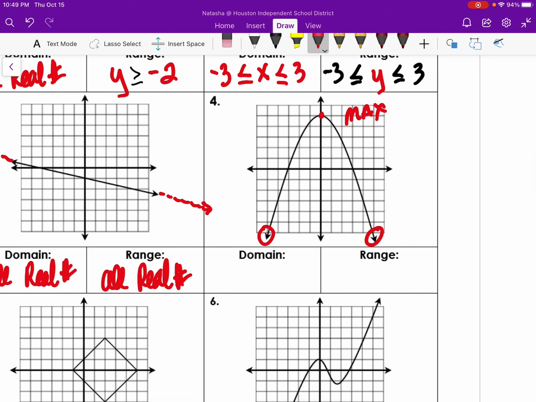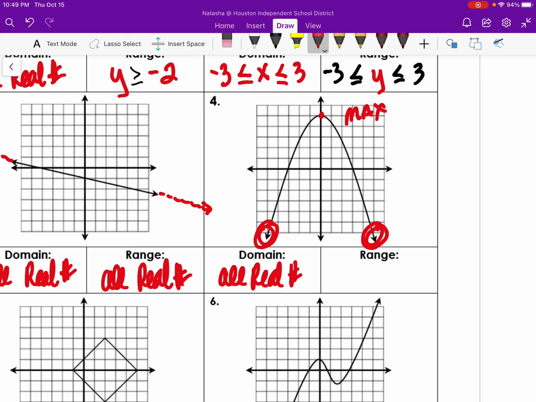Number 4, if I take my pencil left to right, because these arrows are pointing down and our graph is getting wider and wider, we can't really deduce that from the window that we're given, but we know that this is a parabola, so we do know that it's always going to get wider and wider. So in a sense, this domain is going to be all real numbers.